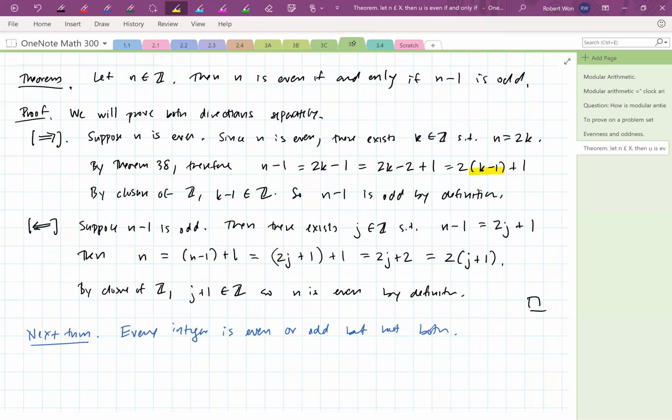So by this biconditional, since 1 is not even, it means that 1 minus 1 is not odd. So I know that 0 is not odd. Basically, from the fact that 1 is odd but not even, I can get that 0 and 2 are going to be even but not odd.